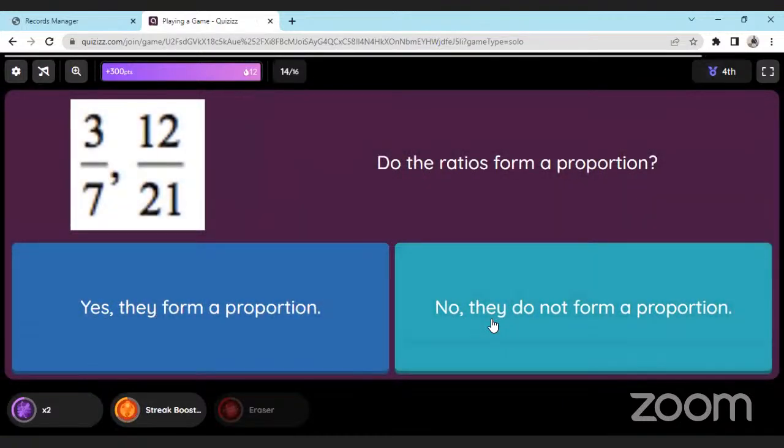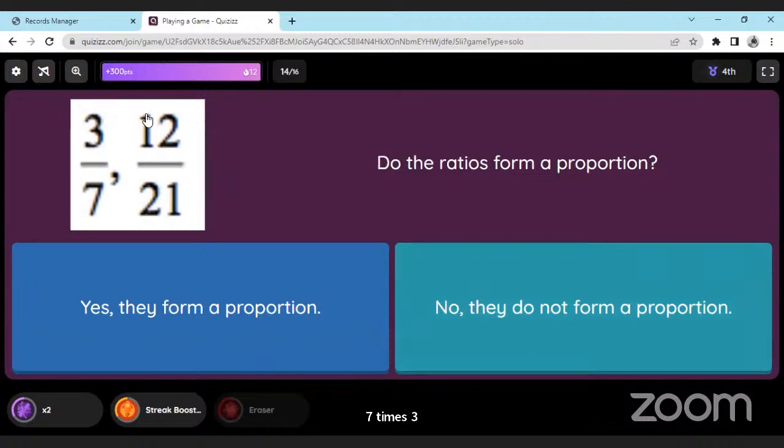Shayaka, check your answer. It's 8. Seven times 3 is 21. 3 times 3 is 9.